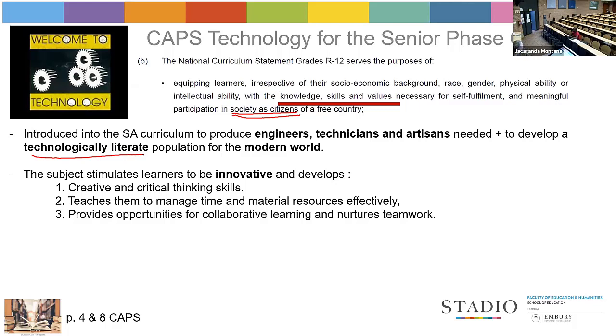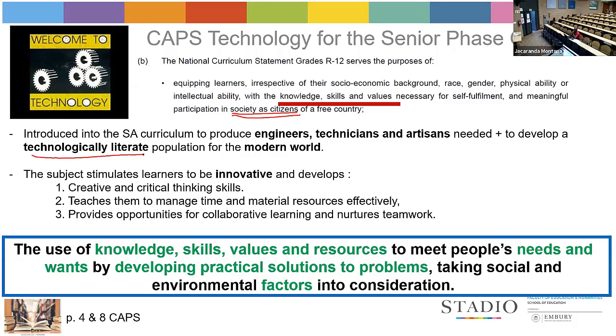Okay, so I asked you for a short definition. Maybe you've written it out now. Maybe you have an idea in your head what you think we're going to do in technology. Maybe you are a current teacher in a school, so you have an idea and you know the CAPS by heart, but this is from your CAPS document. The use of knowledge, skills, values, and resources.